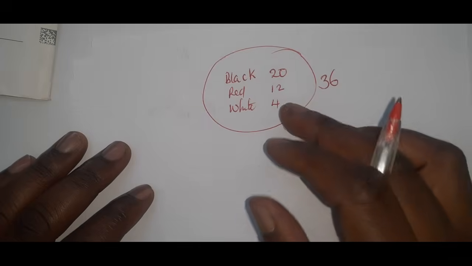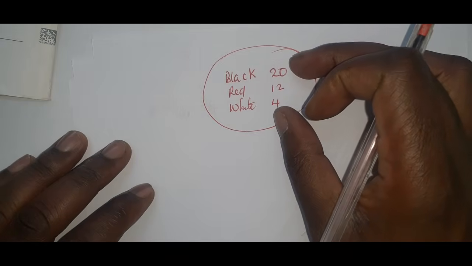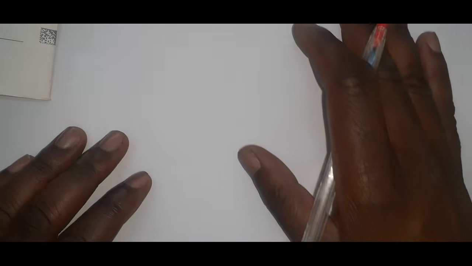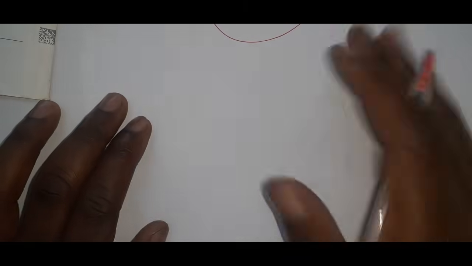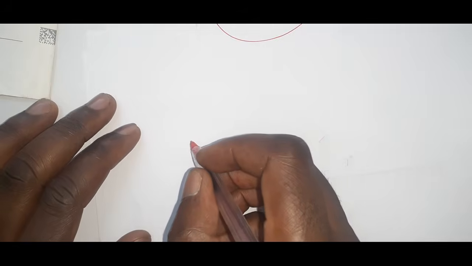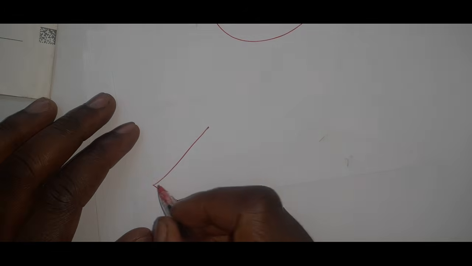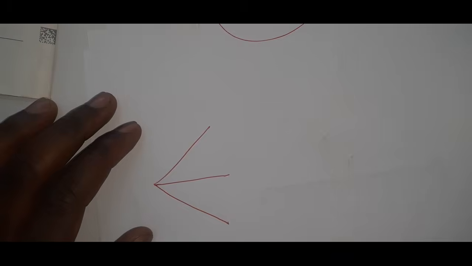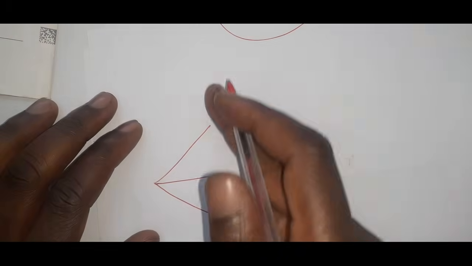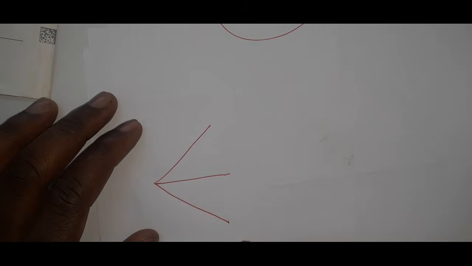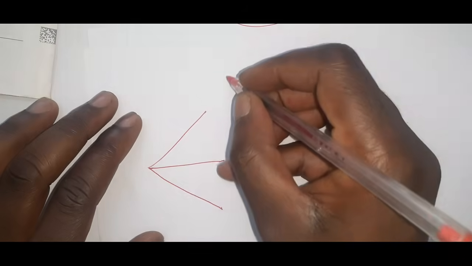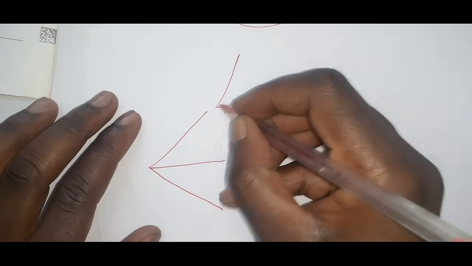Now, because we are dealing with 3 colors, as we construct our tree diagram, it should have this kind of an arrangement. This is the 3 colors. Now, this is the first draw. Since 2 draws were made, we need to do another one here.